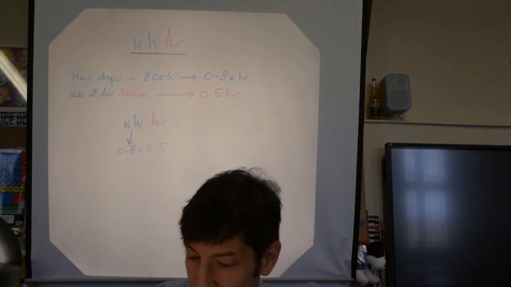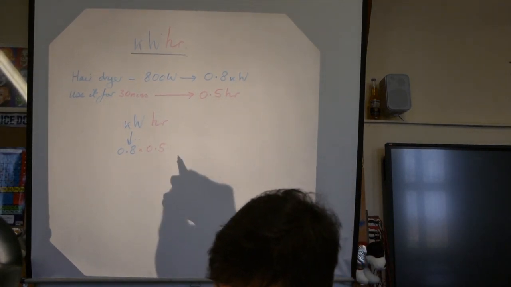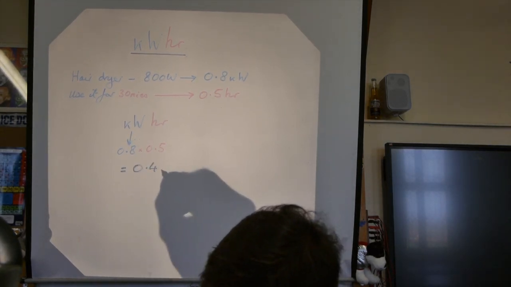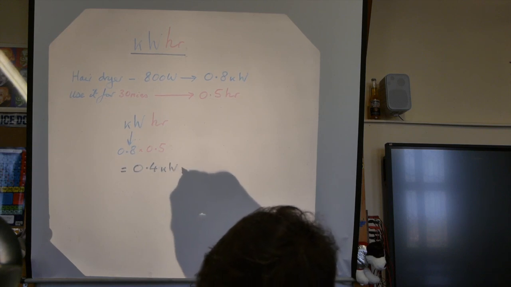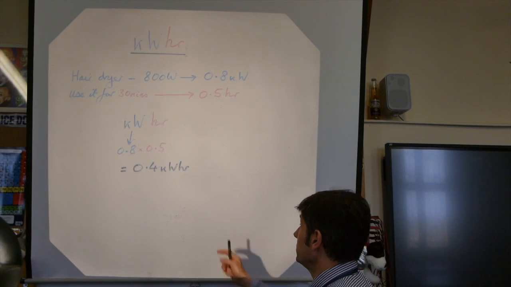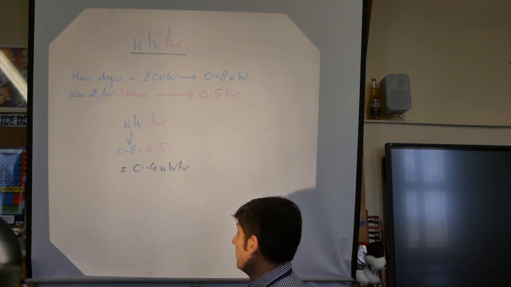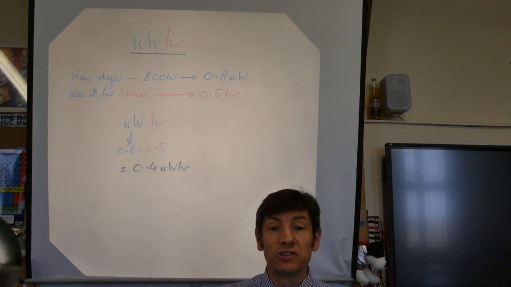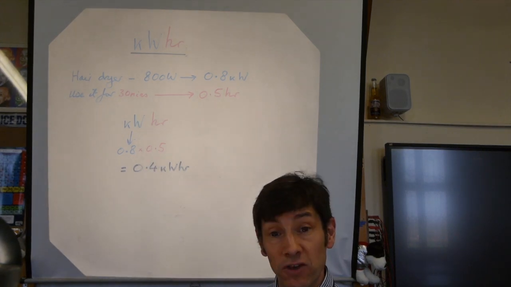So if you look at that, 0.8 times 0.5 is equal to 0.4 kilowatt hours. Okay, so you get the kilowatt hours by multiplying the kilowatts that you've used by the hours that you've used it for, the time that you've used it for.